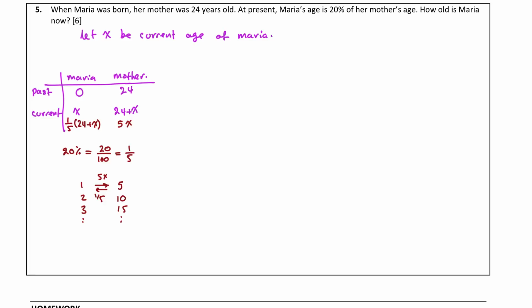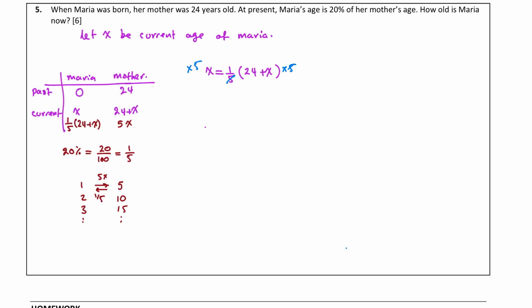So I'm going to set Maria's age at present is x, and it's also equal to 1/5 of her mother's age, which is 24 plus x. To solve this, I am going to multiply both sides by 5 so that I can get rid of the denominator on the right hand side.